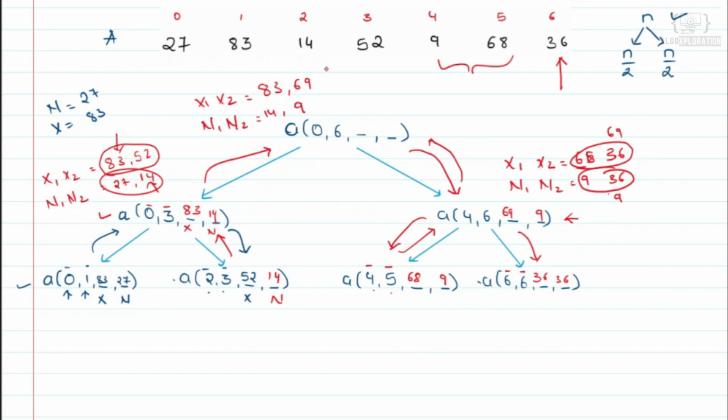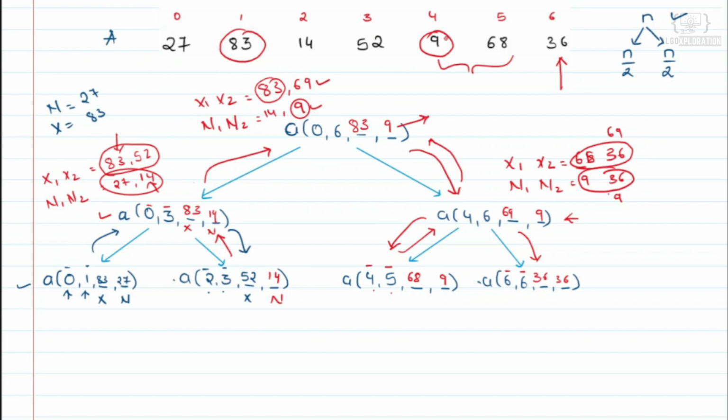Now there will be a comparison between these two elements and these two elements. So here maximum is 83 and minimum is 9. So 83 comma 9. So this will be our result. So here we can see that the maximum is 83 and minimum is 9. So in this way we actually find the maximum and minimum element in a given array using divide and conquer strategy.